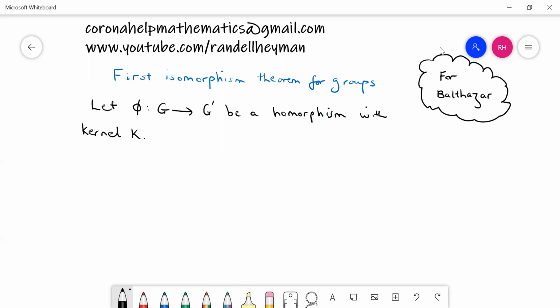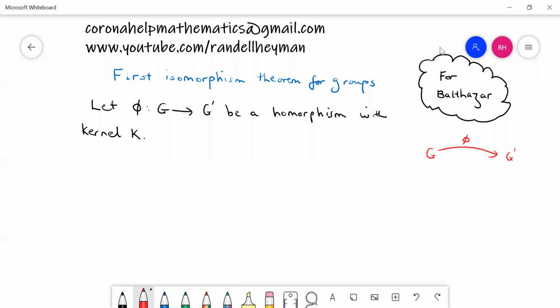So you're thinking here, here's G and here's G dash, and we've got some function here, phi, and this is a group homomorphism.